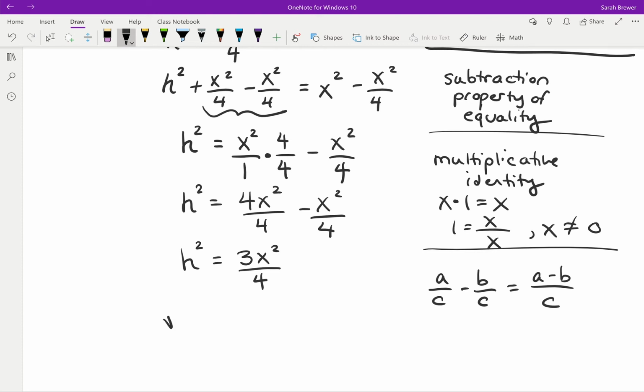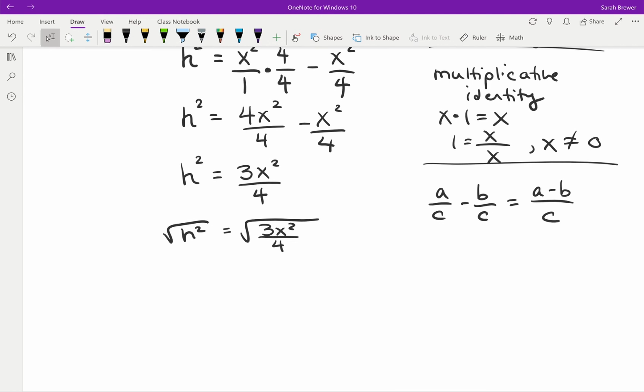Usually, if I were solving this equation, the inverse of the squaring function is the square root function. And so normally, if I were to take the square root of both sides, I would have to take into account that this is actually the absolute value of h, which I know sounds really crazy. I'm getting into some really technical stuff right now, but whatever, algebra.